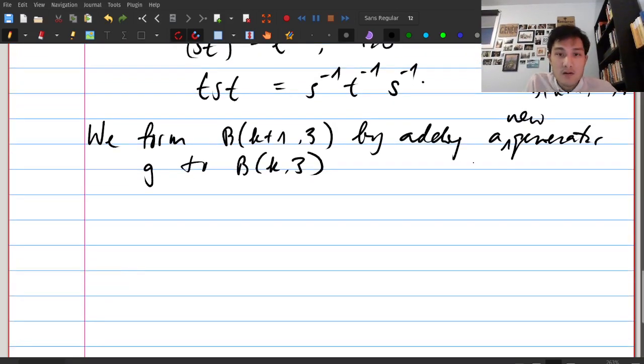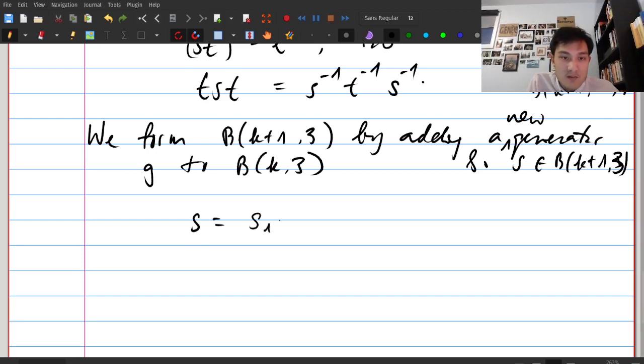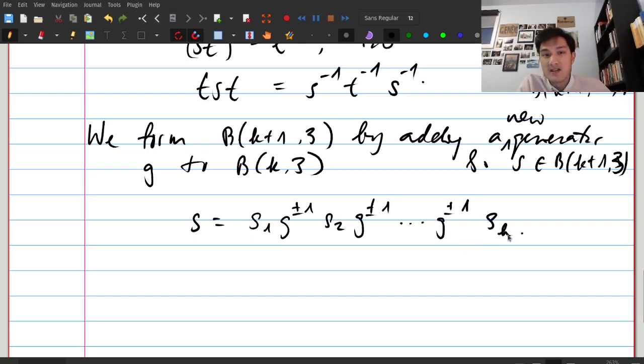Take s in B(k+1,3). You can write s as s_1 g^(±1) s_2 g^(±1) all the way to s_h.